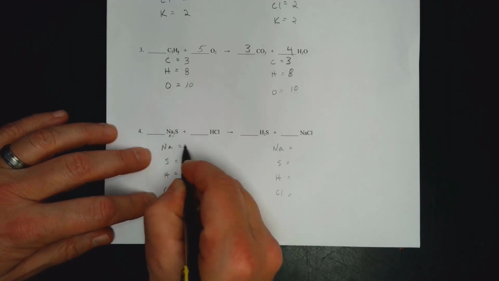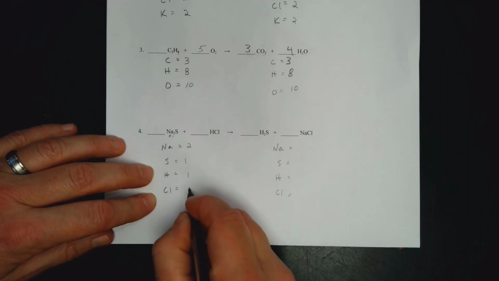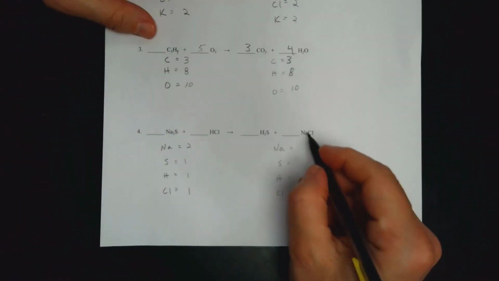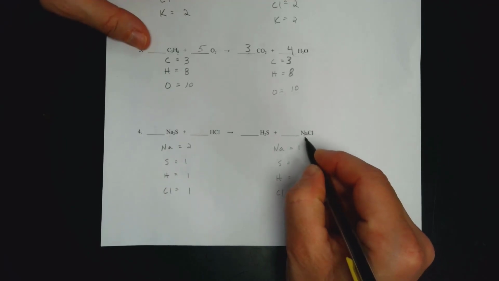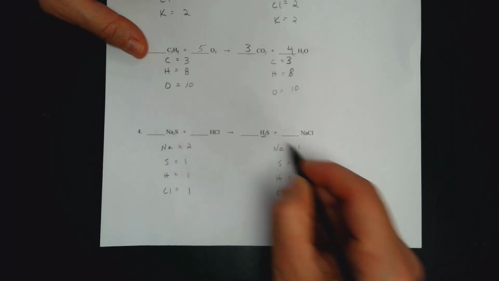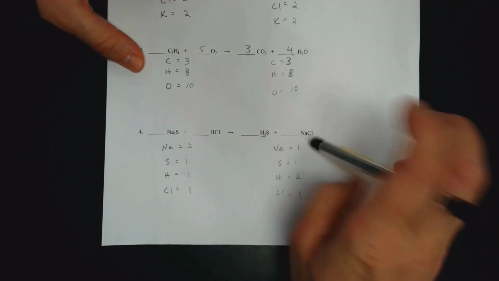So I've got 2 sodiums, I have 1 sulfur, I have 1 hydrogen, and I have 1 chlorine. On this side, I have 1 sodium, I have 1 sulfur, I have 2 hydrogens right here because that subscript tells me so, and I have 1 chlorine right there.